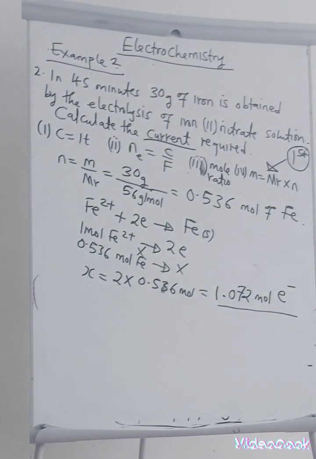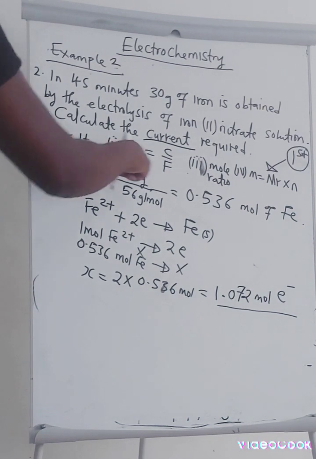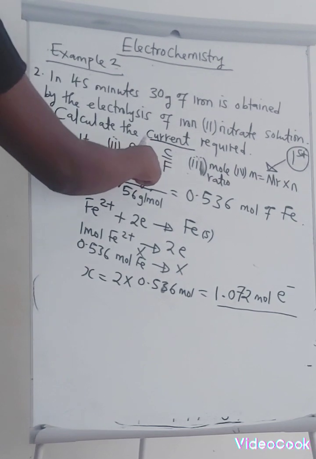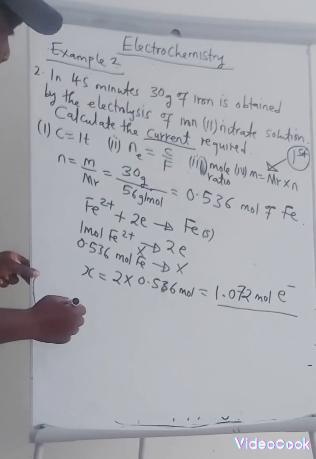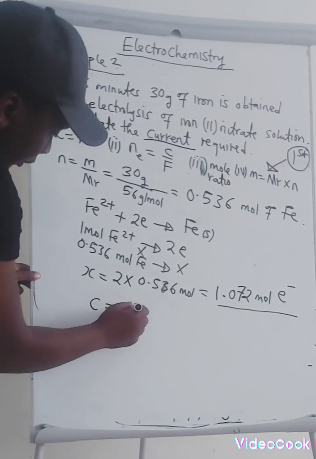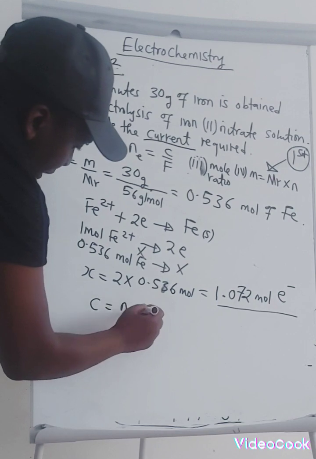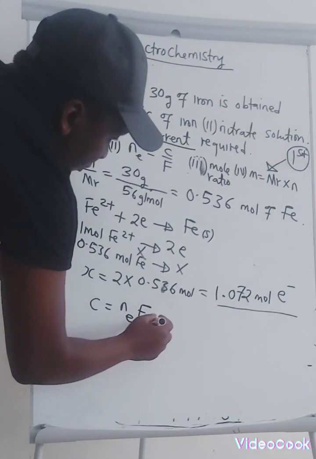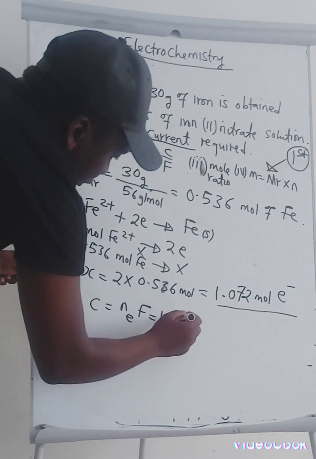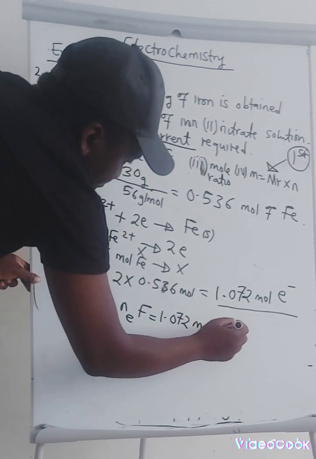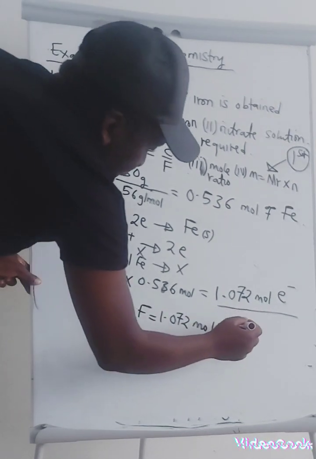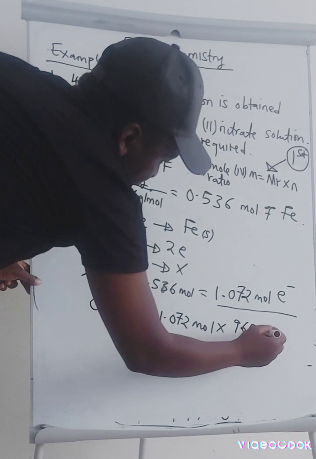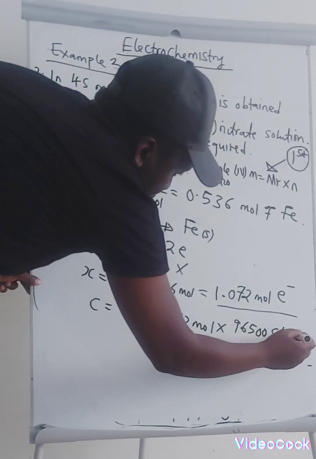Since we have the moles of electrons, we can now interchange the formula to get the coulombs. The coulombs is equal to number of moles of electrons multiplied by F. So 1.072 moles multiplied by Faraday's constant, which is 96,500 coulombs per mole.